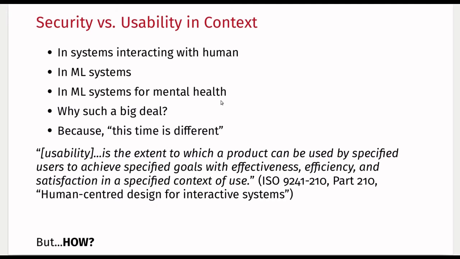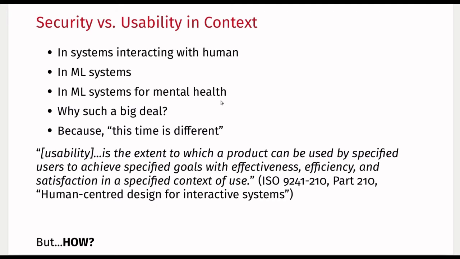I think it's very obvious that we need security for machine learning systems. But if we add another layer, machine learning systems built and used in mental health use cases, the problem with usable security gets even more complex.